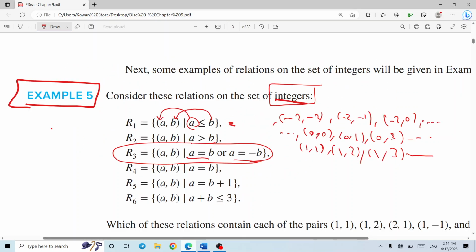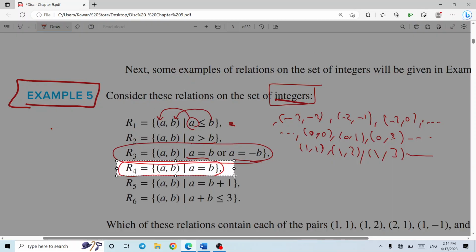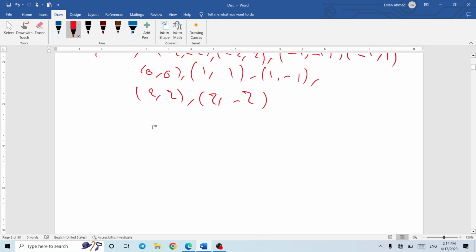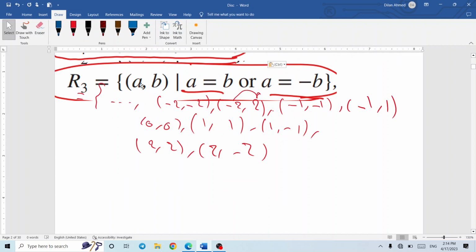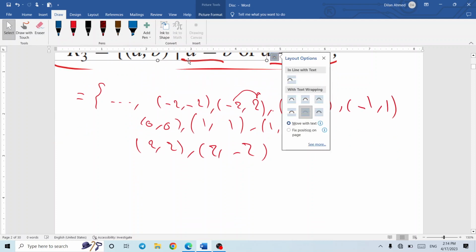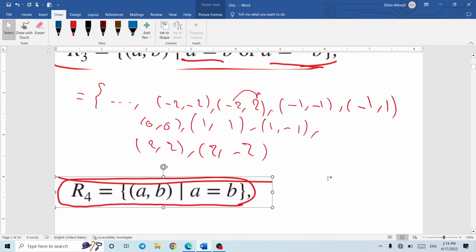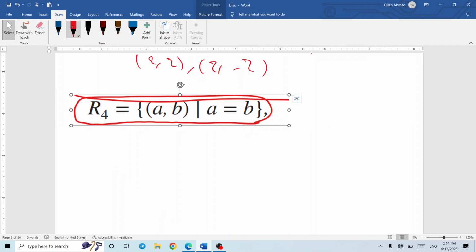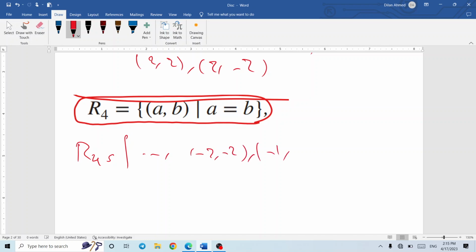How about R4? Yalla. The elements of R4 are like what? Tamam?